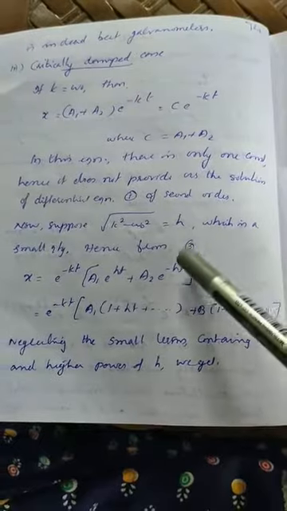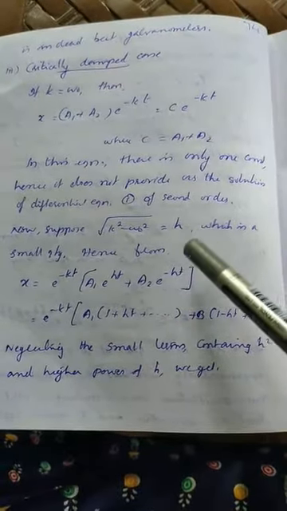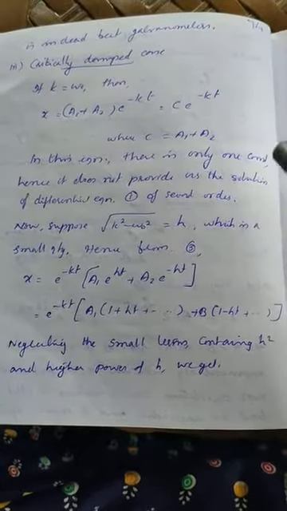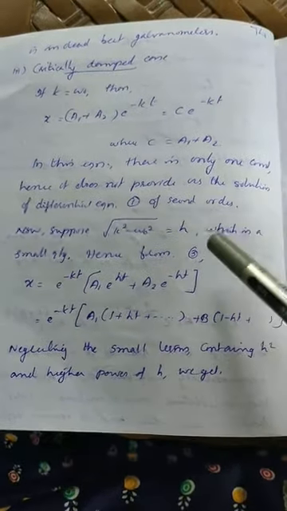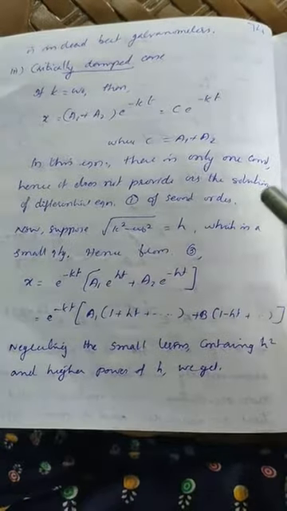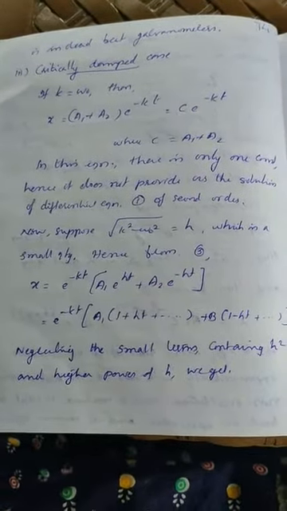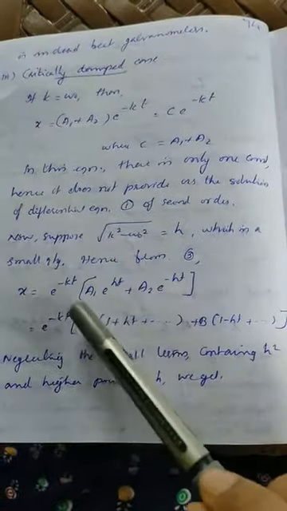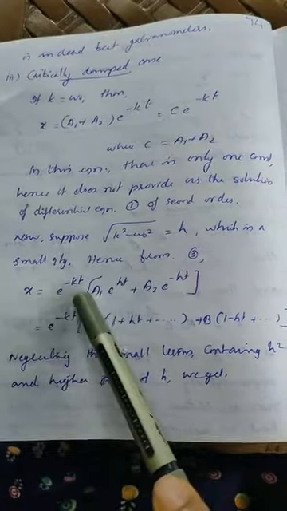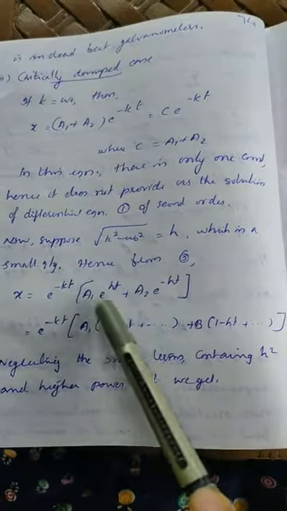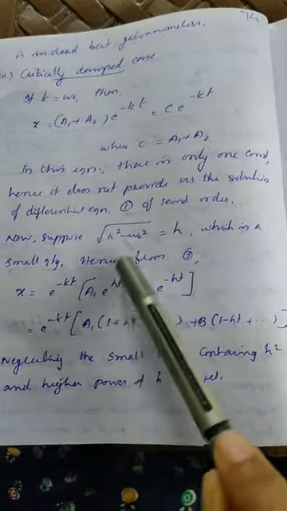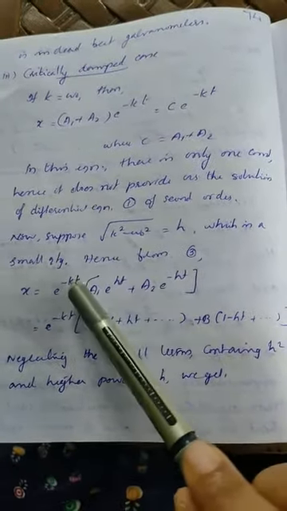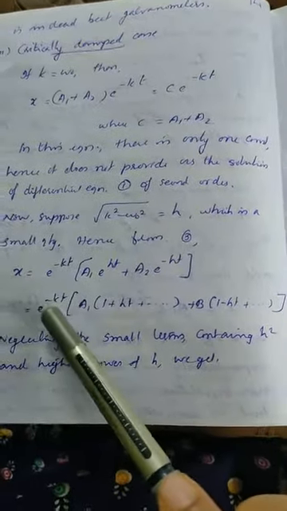We take k square approximately equal to omega 0 square, so that the square root of k square minus omega square is equal to h, a very small quantity, that is a slight difference. So we are substituting this in our equation of displacement, and it will become like this. In the exponential term, the square root of k square minus omega square will become h, and e to the power minus kt is kept outside the bracket.